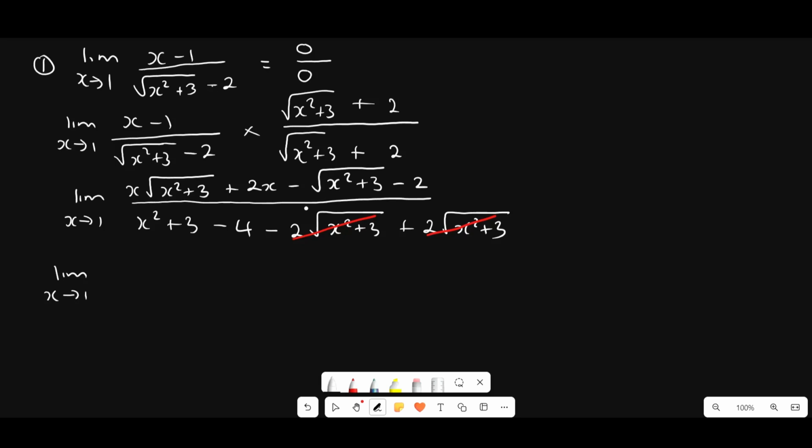Here on top, you can see I have to factorize using grouping again. You can see that this part here is common with this one here, so I'll assign them in one bracket again. If I have x times the square root of x squared plus 3 minus the square root of x squared plus 3, I'm assigning them in one bracket because they have these two things in common.